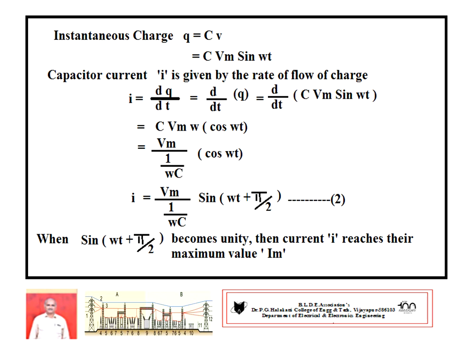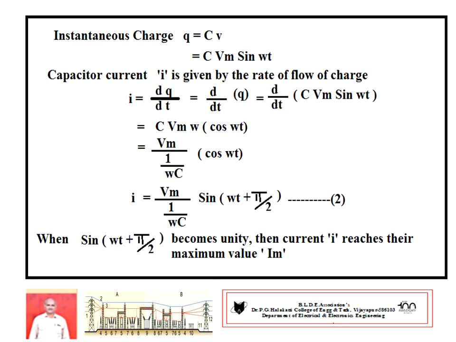So I can write this expression keeping Vm on top, below it is 1 divided by omega C, into cos omega t. This cos omega t may be replaced by sin omega t plus pi by 2. You call this expression equation 2. It is a well known fact.